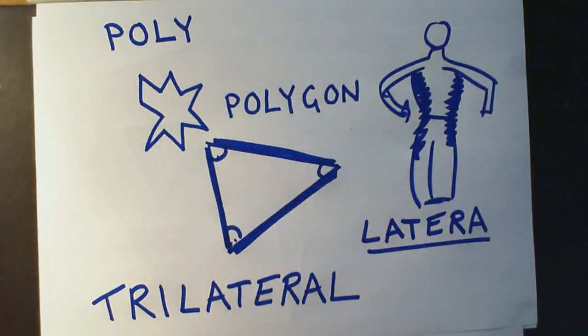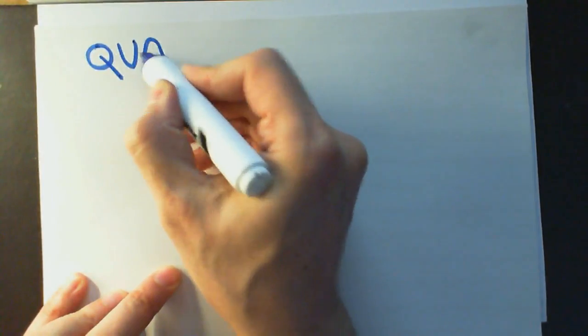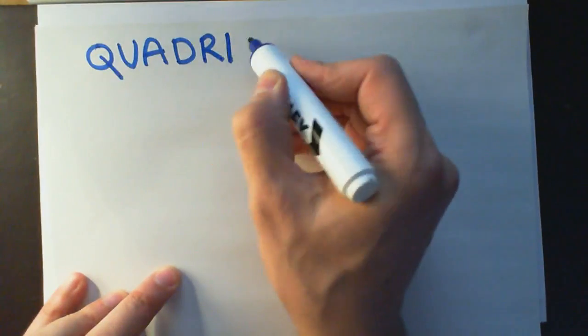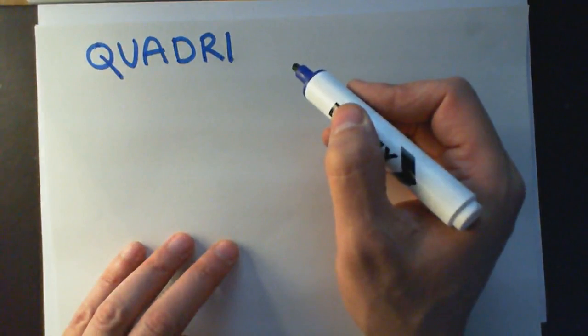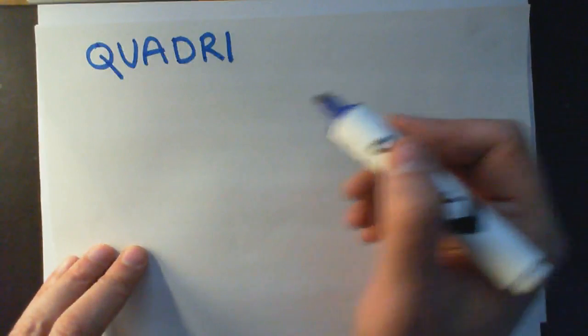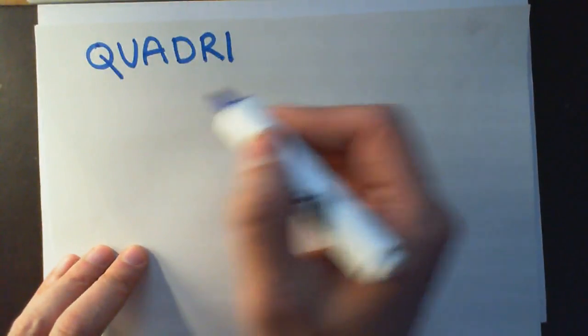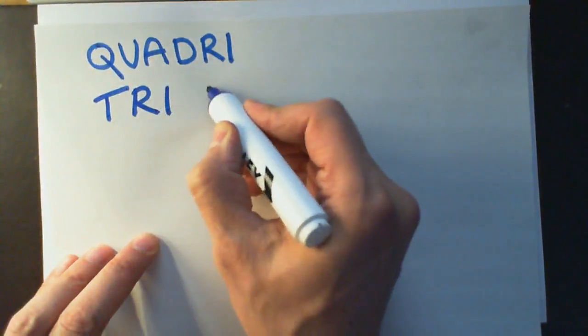Then we have another word. And this word is a Latin word, quad. Quadri, which means with 4. So quadri means with 4. We already have lateral, telling us it's got sides, and we have tri, meaning with 3. So tri is with 3.